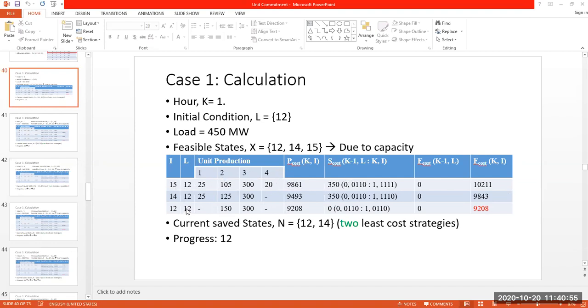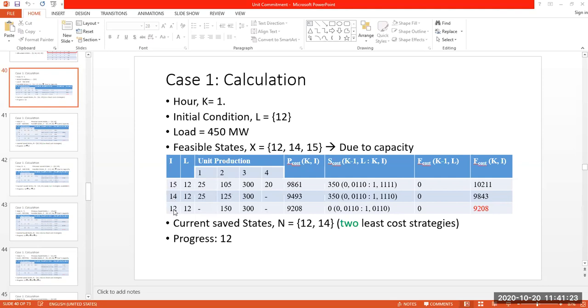So if I am at 12 and I choose my next instant to be 12 also, then the unit combination would still be 0, 1, 1, 0. This combination basically depends on the value of I, so this 0, 1, 1, 0 comes from I.